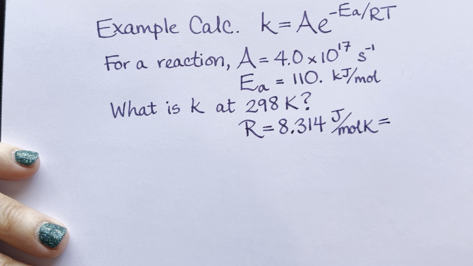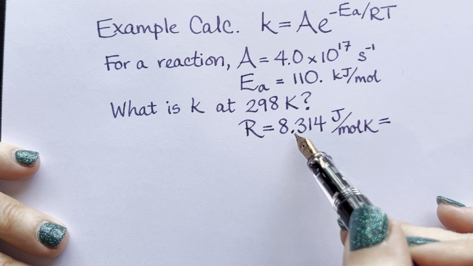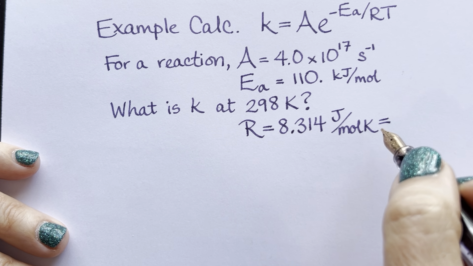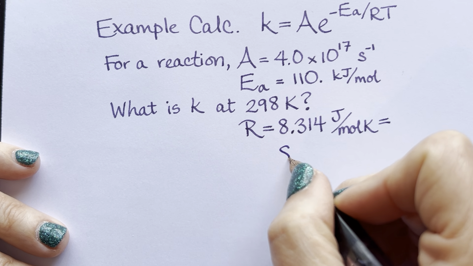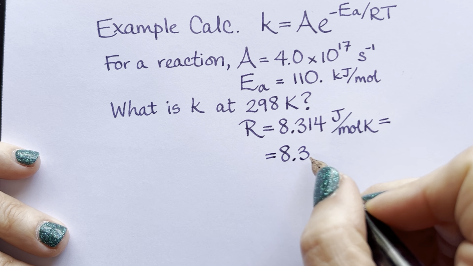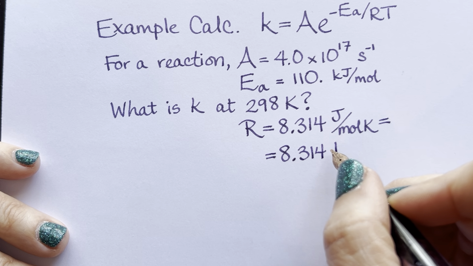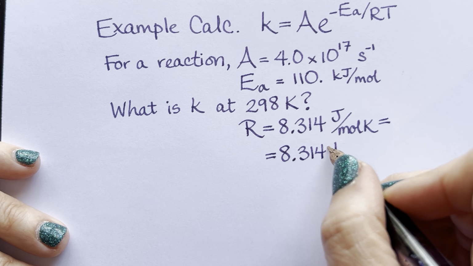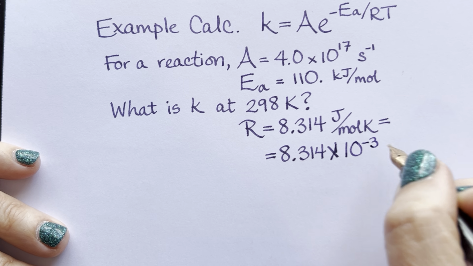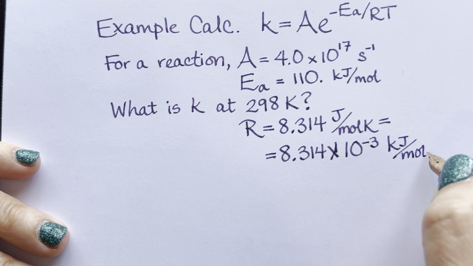Oftentimes in textbooks it's given as 8.314 joules per mole Kelvin, but that is equal to 8.314 times 10 to the minus 3 kilojoules per mole Kelvin.